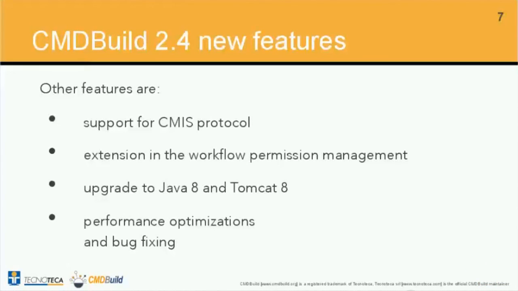Other features which I won't really go through, but that are worth mentioning with this new version of CMDBuild 2.4, is the support for the CMIS protocol. As you all know, CMDBuild has been using, since the beginning of the development of the tool, the open source document management system Alfresco as a document repository.